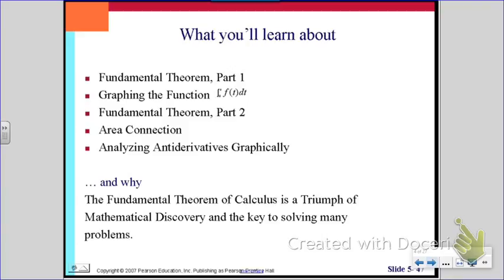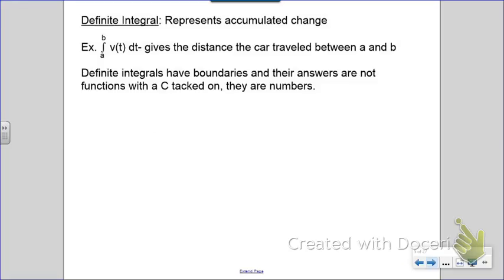On to the fundamental theorem. We're just going to look at one part today, and the other part we'll look at tomorrow. We already talked about how a definite integral represents accumulated change. For example, the integral from a to b of v of t dt gives the distance a car traveled between a and b.